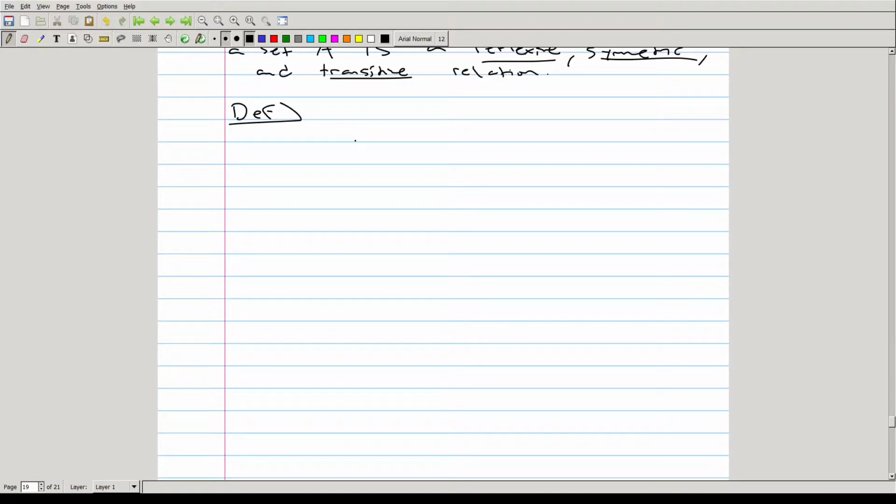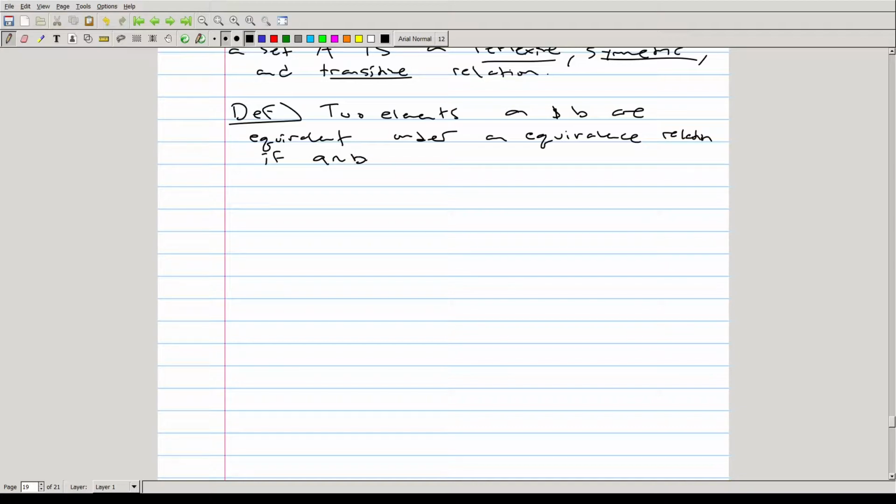Using our notation from before for element A is related to B, if we have an equivalence relation, we say that two elements A and B are equivalent under an equivalence relation if A is related to B under that equivalence relation.